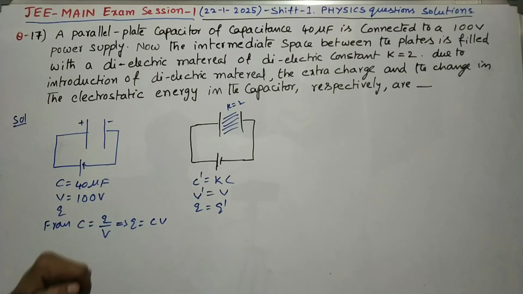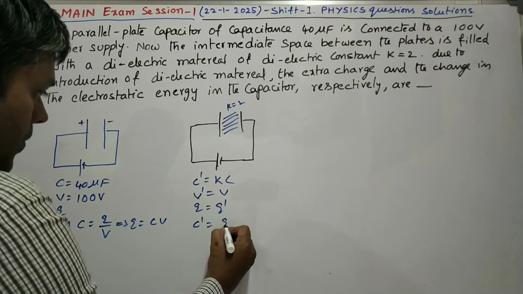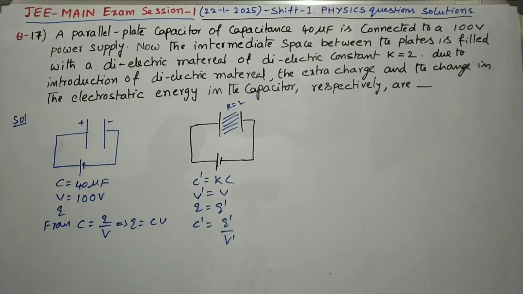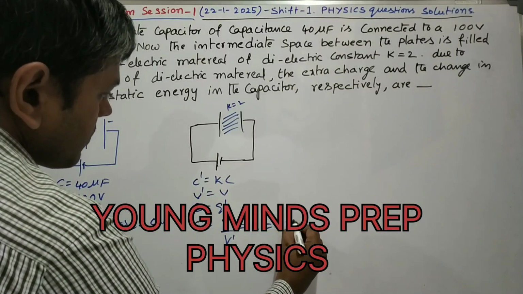From the same definition, C dash is equal to Q dash by V dash, that implies Q dash is equal to C dash V dash.